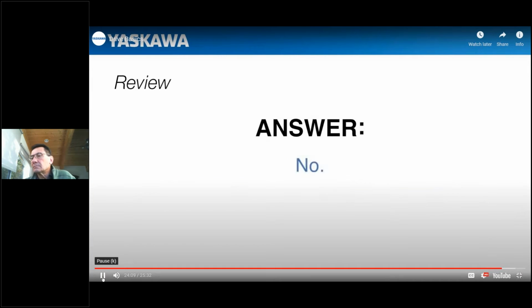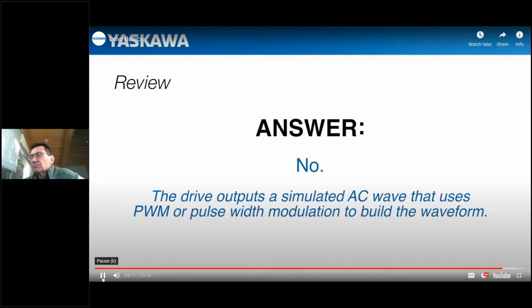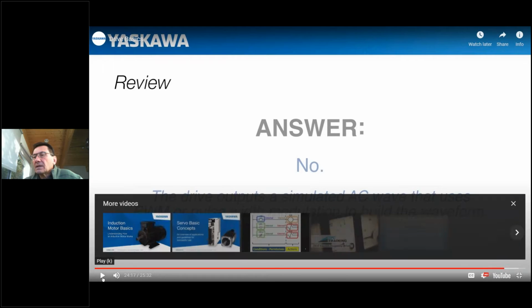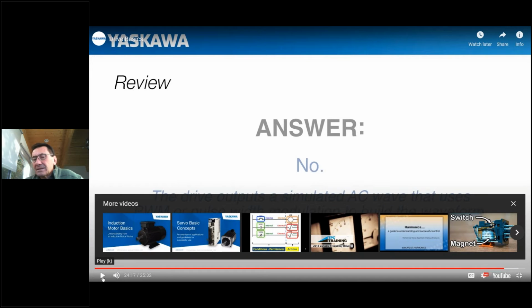No. The drive outputs a simulated AC wave that uses PWM, or pulse width modulation, to build the waveform. Now, of course, that is yes if you use the U1000 matrix drive, which we've gone over in this class in the past, and we will review again in a future class.